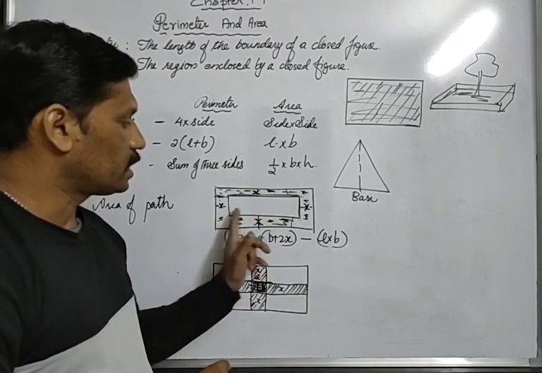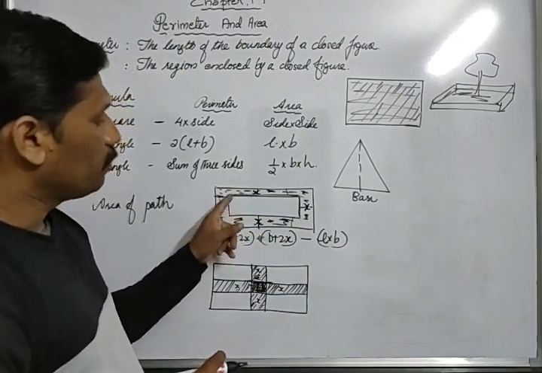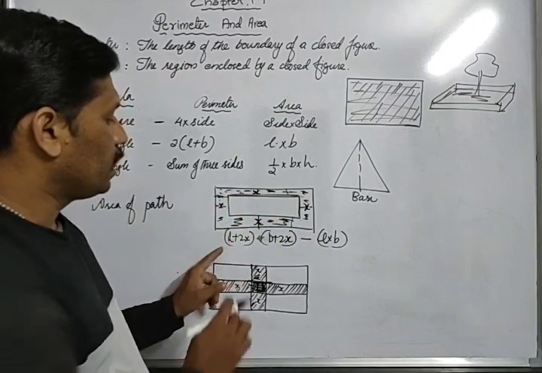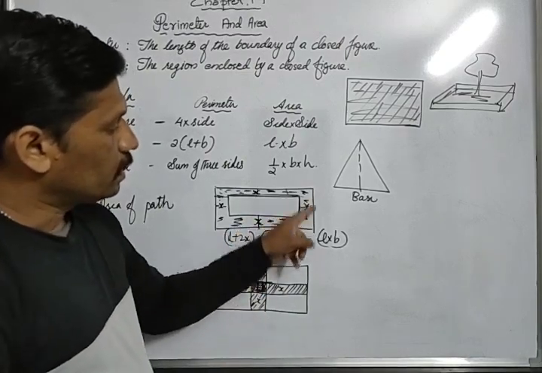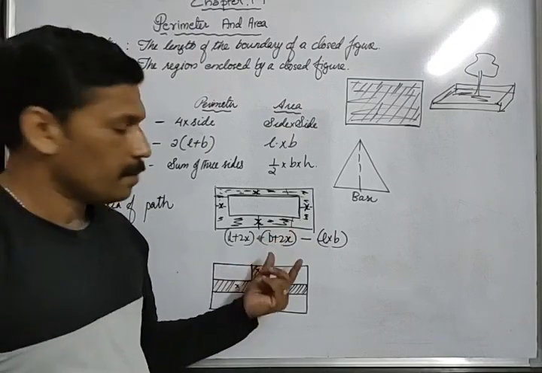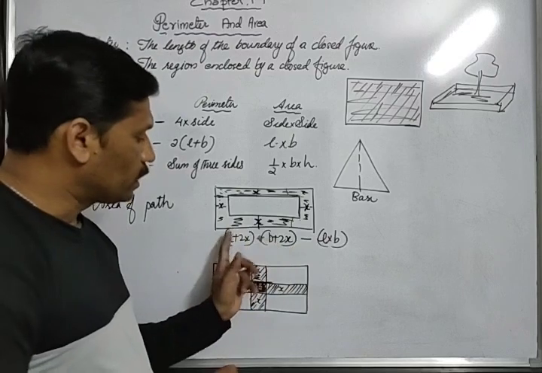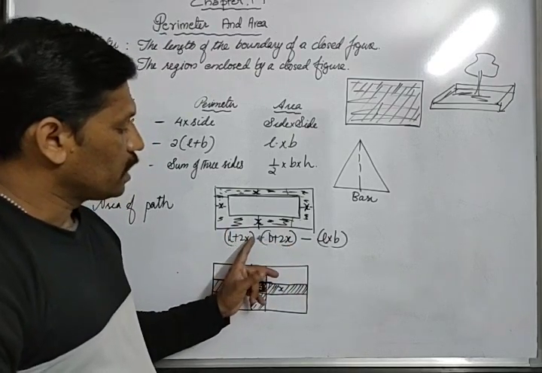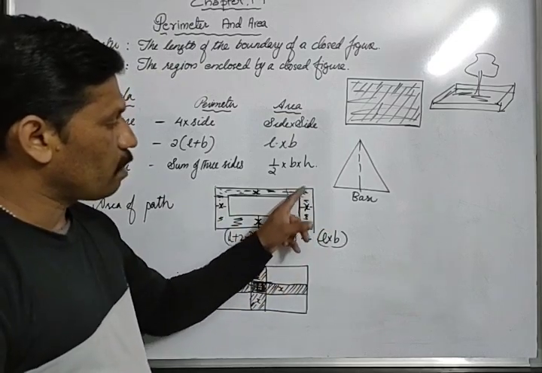So this is the formula to find out: L plus 2x into B plus 2x minus length into breadth. That means L into B is the inner rectangle area, and for the outer rectangle, to the length we add x plus x, then we get length plus 2x, and into the breadth plus x plus x, breadth plus 2x. So L plus 2x is the length of the outer rectangle, and B plus 2x is the breadth of the outer rectangle.